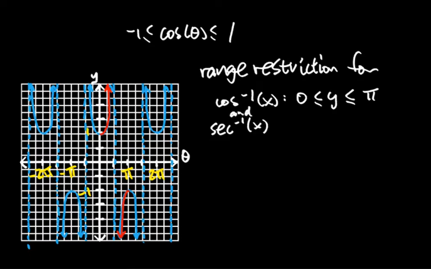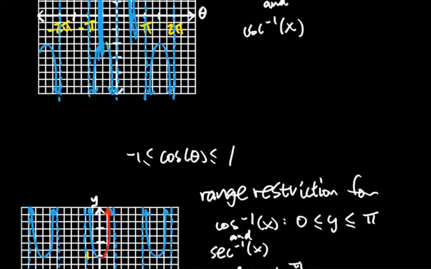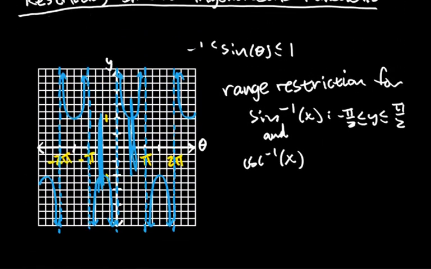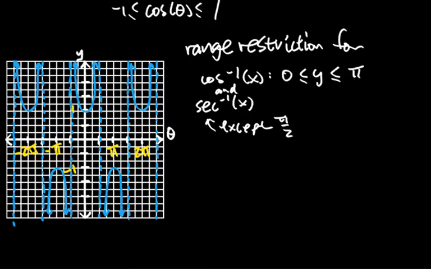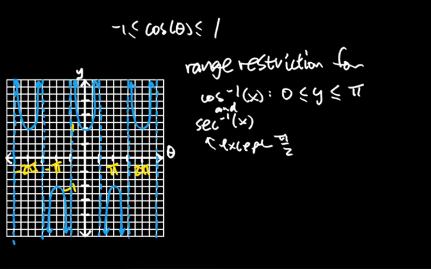Technically, though, you have to say except pi over 2. And up here, you technically have to say except 0, just for the cosecant inverse graphs, just because it doesn't happen. It's undefined. Alright, so now I'm going to go to the next one and talk about that.